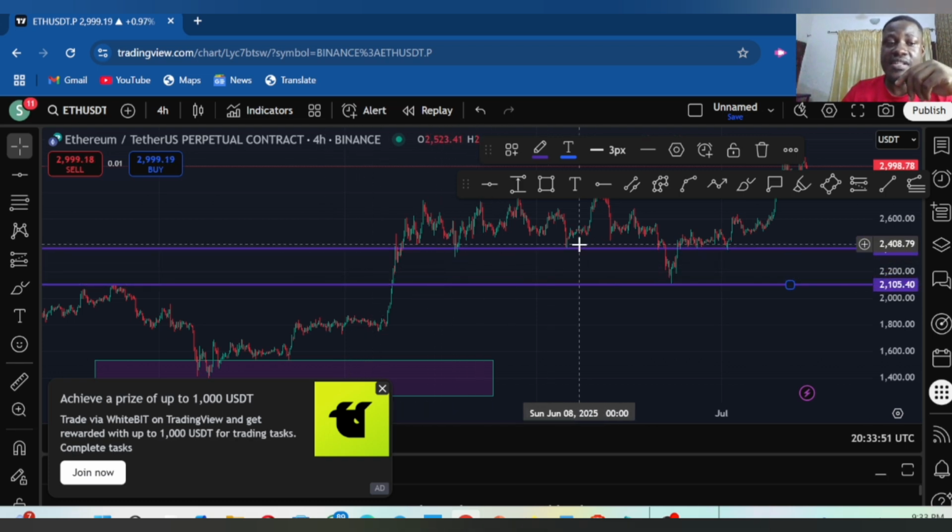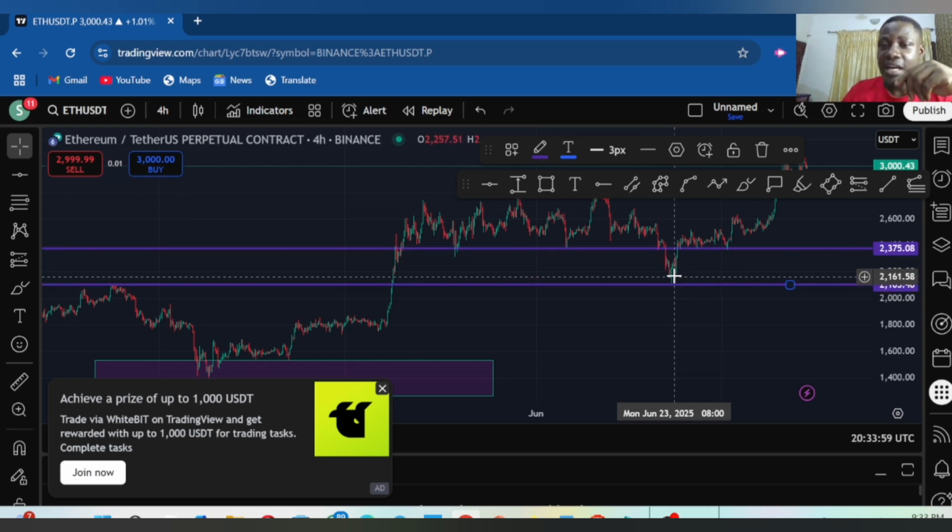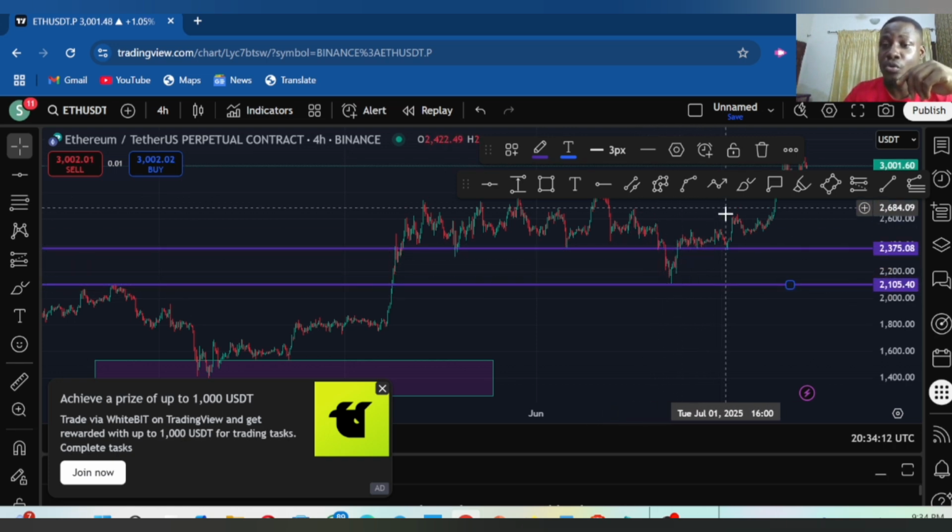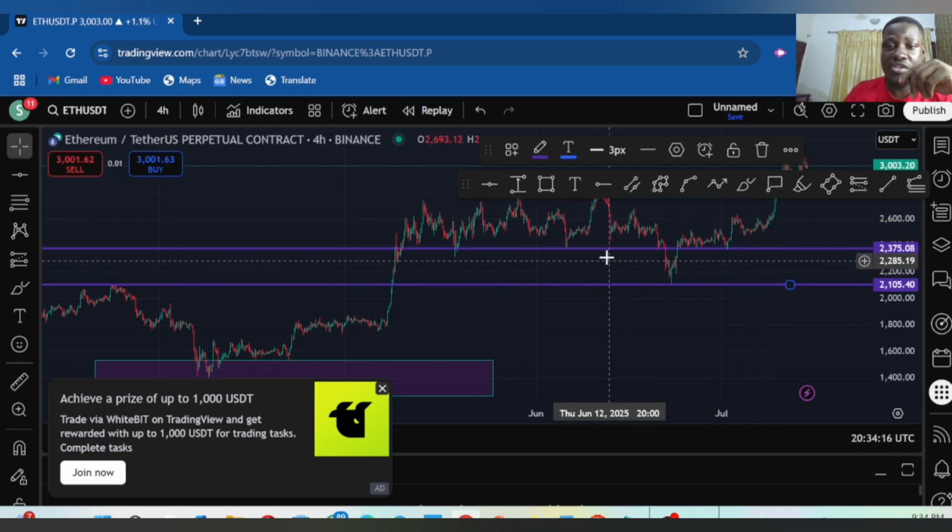So now you can see that the market broke below this level, and once it happened, it retested another support level and then reclaimed. This tells you that this zone attracted lots of buying momentum, and that is why the market was able to sustain the uptrend. This zone is called a support zone.